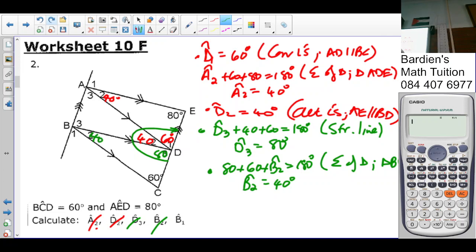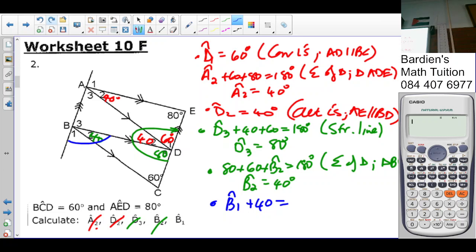So B1. Okay, so you say that B1 plus 40 equals 180. You can also say B1 is just 60.